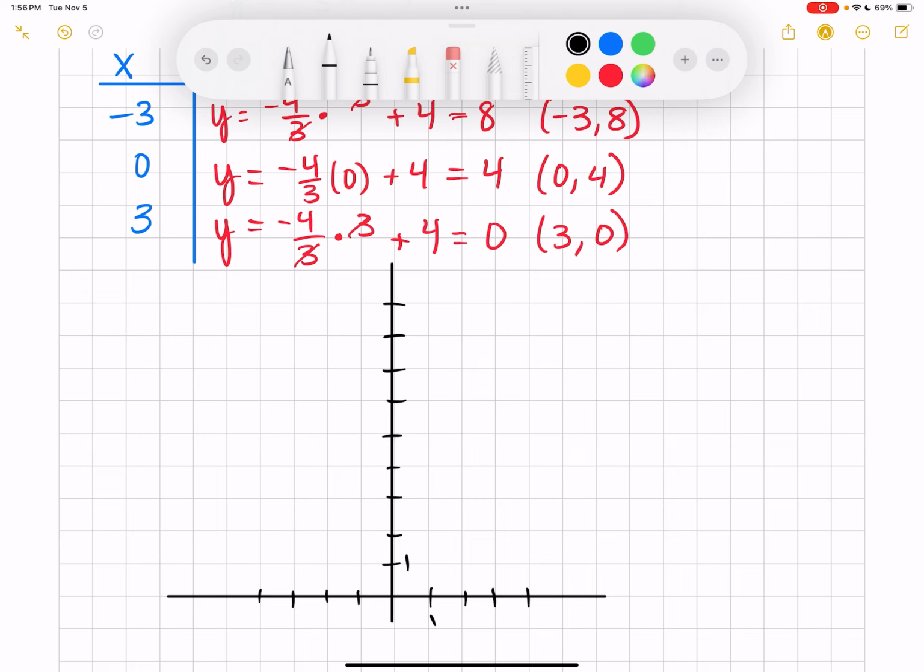All right, so I've got the point negative 3, 8. So negative 3 on the x up to 8 on the y. When x is 0, y is 4. So 1, 2, 3, 4. Then when x is 3, y is 0. So over here, x is 3, y is 0. There's my 3 points, and I can connect the dots.